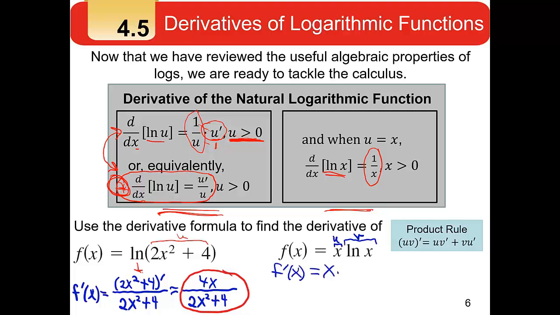The product rule says you take u times the derivative of v. Well, v is natural log of x, and according to the formula just above, the derivative of the natural log of x is 1 over x. Plus, then you reverse it, you take the v, which is the natural log of x, and multiply it by the derivative of x, and the derivative of x is just 1.